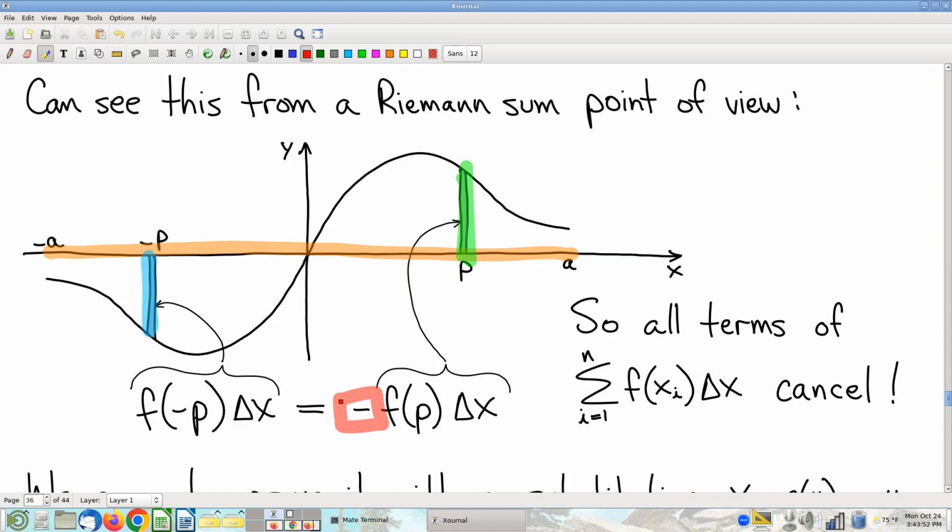So because they have exact negative values, these two terms, the green and the blue, you might say, terms in the Riemann sum, they cancel. And because of the symmetry, every term has a corresponding term to cancel with. And so everything cancels. We're left with nothing. It all disappears. And so that integral is 0. So it's kind of a Riemann sum point of view. And that's nice. As you all know, I'm a big fan of Riemann sum points of view.